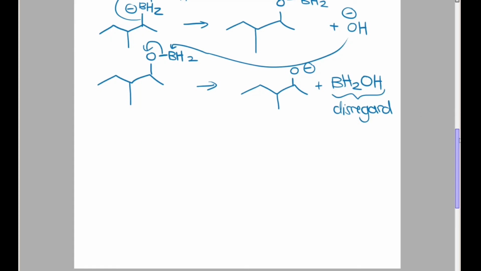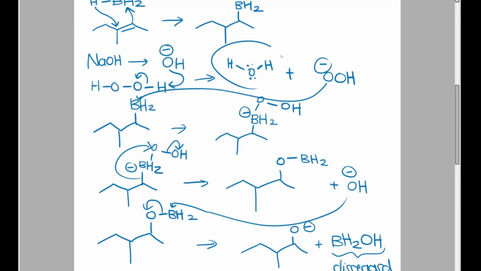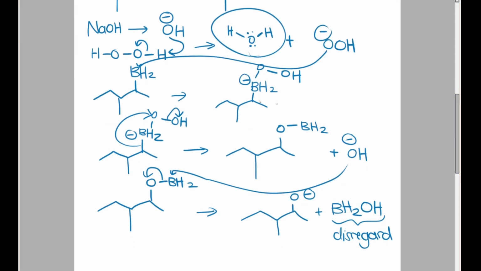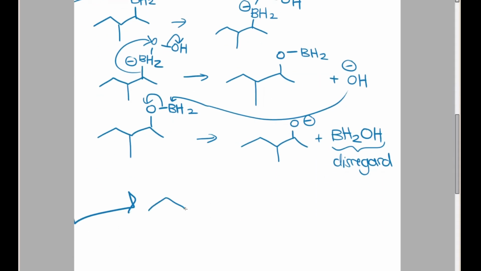And we also know that above we made water as a byproduct earlier, so that's going to help us in this next part of the reaction, where this negative oxygen atom is going to act like a nucleophile, or act as a base, and it's going to grab onto this hydrogen, and this water molecule is going to act like an acid.